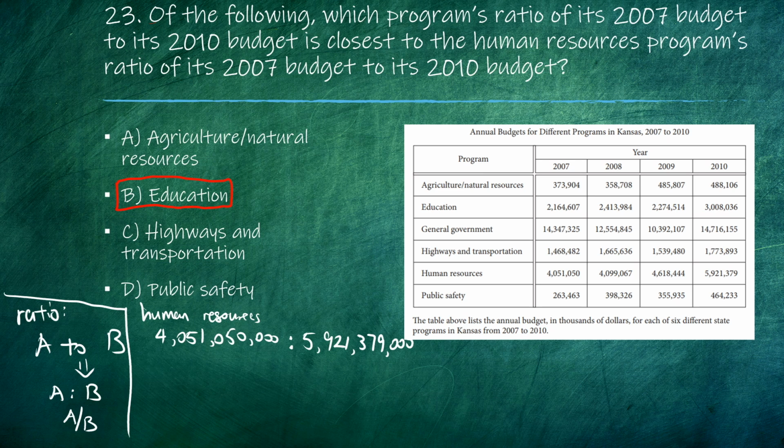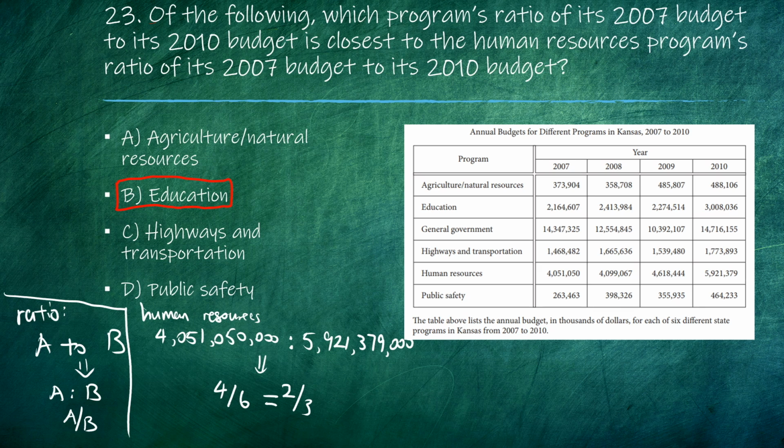And remember from our review, the ratio of this to this is just this divided by this. So if we divide this number by this number, we will actually get a number very similar to 4 over 6, which is equal to 2 over 3.